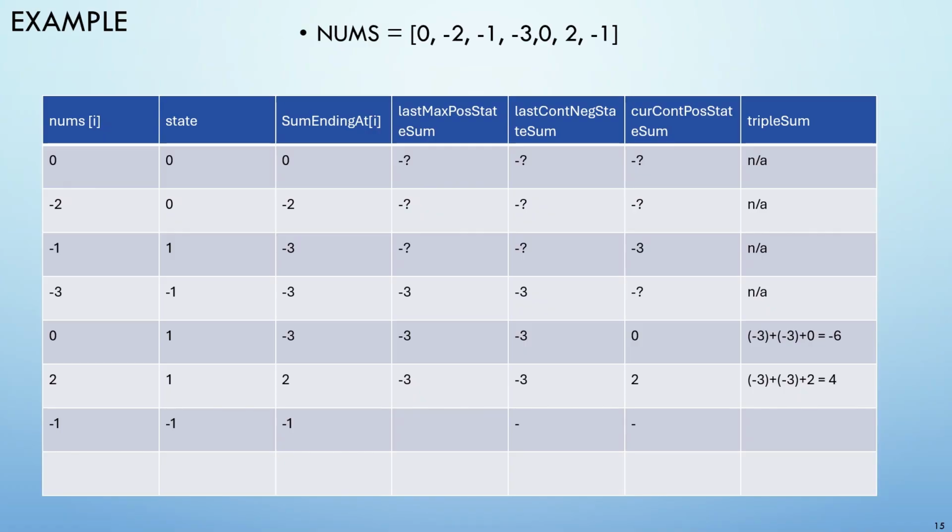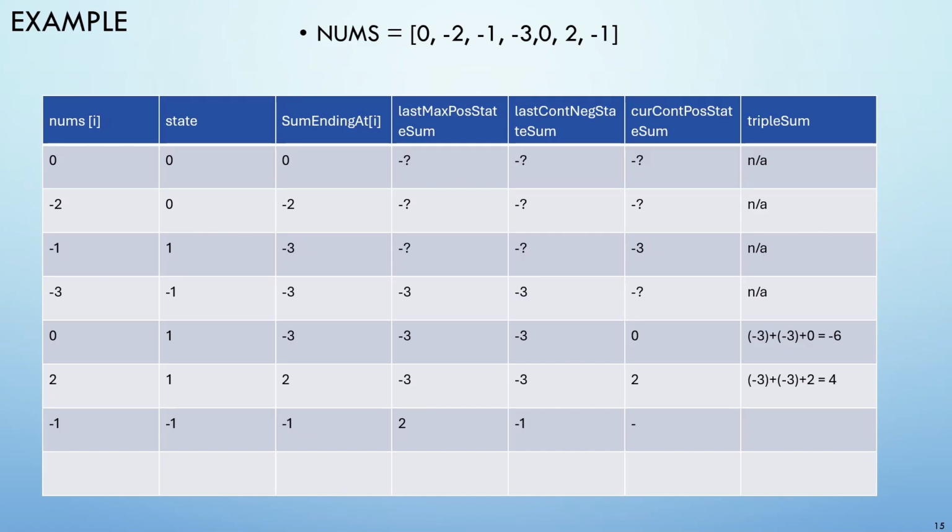The last maximum positive state sum would be copied from the current continuous positive state sum, because we are moving from positive state to negative state. So the current continuous positive state will become the last maximum positive state sum, which is 2. The last continuous negative state sum will be initialized to the current element, because we are just entering into the negative state, that is minus 1.